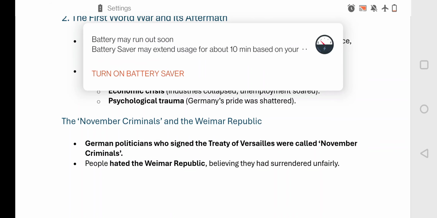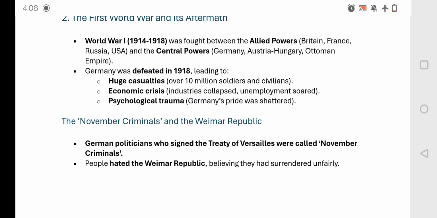Germany was defeated at the end of 1918, and this led to huge casualties, like 10 million soldiers and civilians died or were wounded. Then an economic crisis happened, industries collapsed, many lost employment, and psychological trauma was given to many people because of the deaths and the bloodshed during the war.